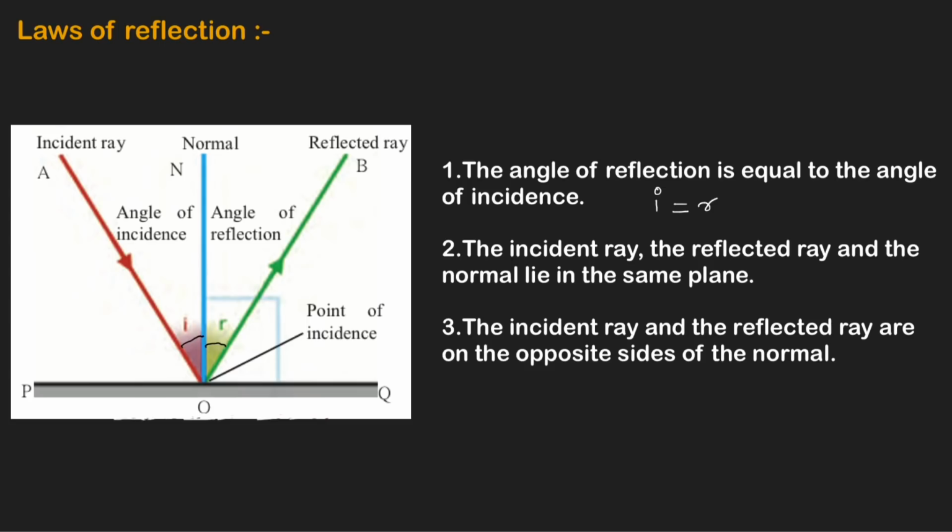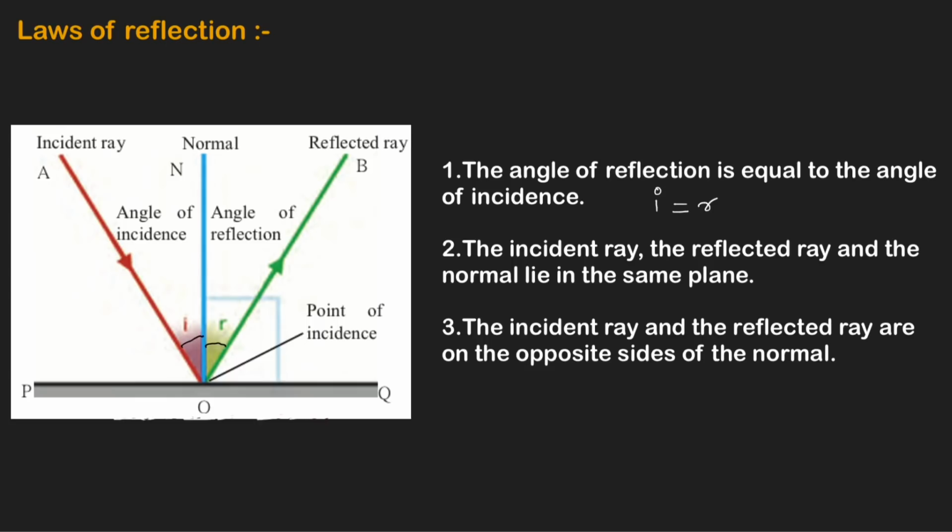When the light is incident on a mirror, it gets reflected as a reflected ray. Both these rays, incident and reflected, make an angle. The angle the incident ray makes with the normal we call the angle of incidence, whereas the angle of reflection is the angle made by the reflected ray with the normal.